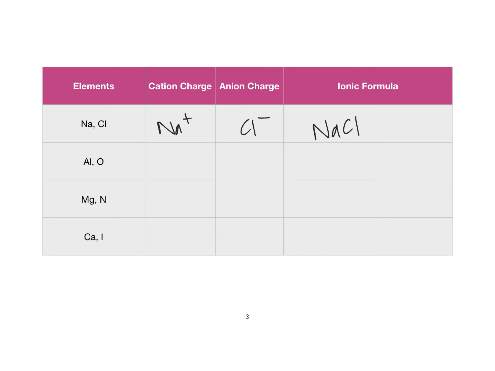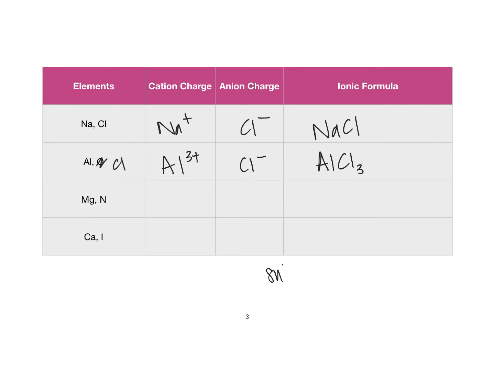We just did aluminum and oxygen, so let's do aluminum and chlorine. So aluminum, we just remember it is a 3 plus, and chlorine is a minus, which means we need 3 chlorines in order to balance the 3 plus charge. So it's aluminum chloride 3.